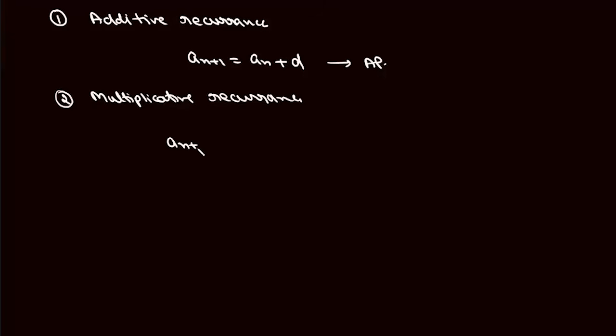So here you will be given a_(n+1) equals r a_n, and clearly this is the GP. An example for this will be a_n equals 3 times a_(n-1).